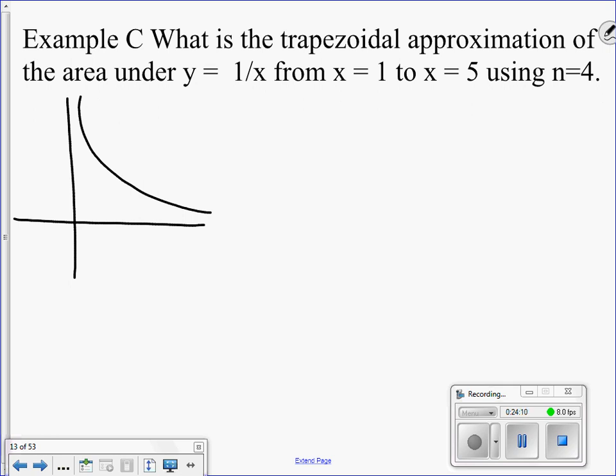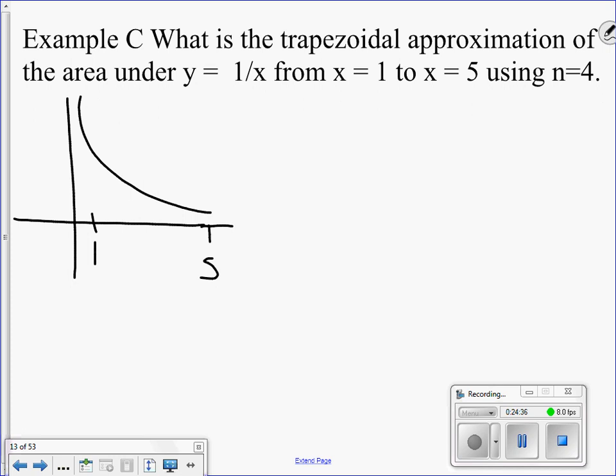Now, we want to approximate the area under y equals 1 over x from x equals 1 to 5. Now, don't just mark off those x values willy-nilly, okay? What are the numbers that we need to write down? Well, we definitely need the 1. That's where we're starting. And what else? What is the other one we'll definitely have? 5, right?